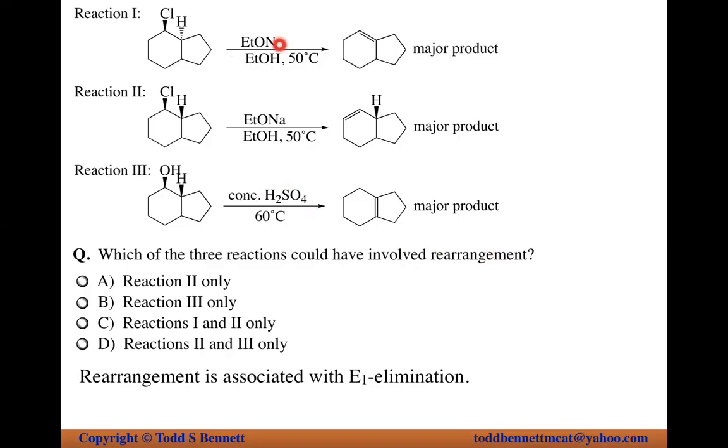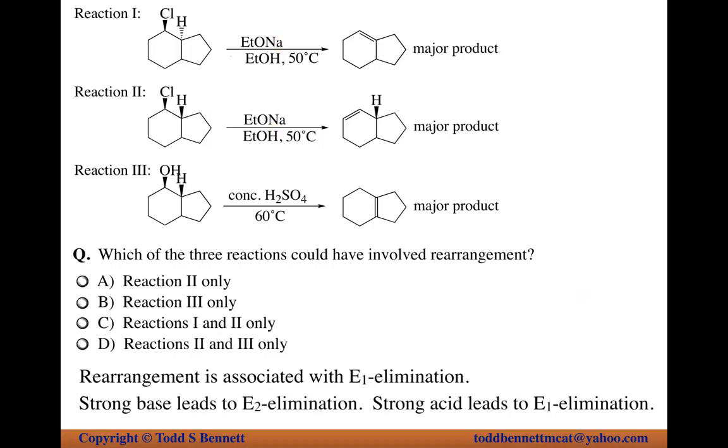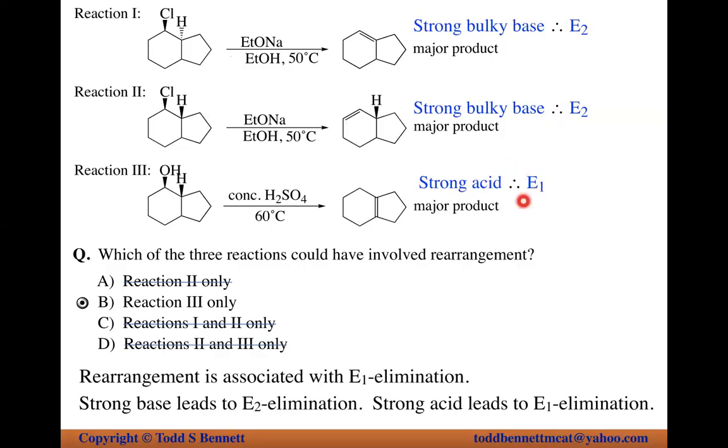So it's just recognizing base E2, base E2, acid E1. So strong base leads to elimination by an E2 mechanism. Strong acid leads to elimination by an E1 mechanism. So strong bulky base E2, strong bulky base E2, strong acid E1. So E1, reaction 3 only.